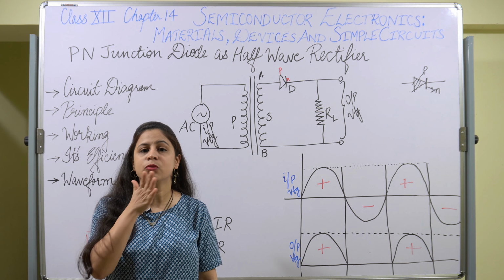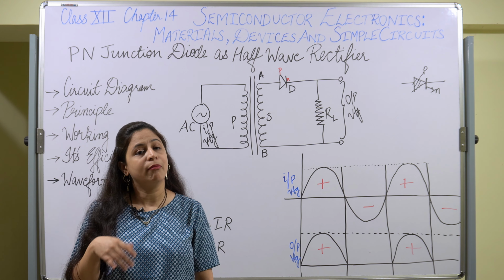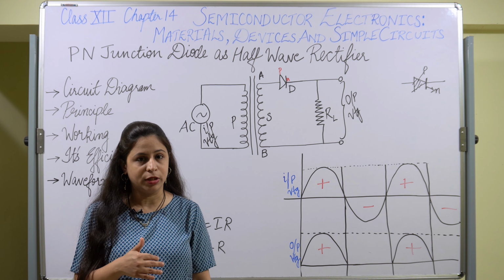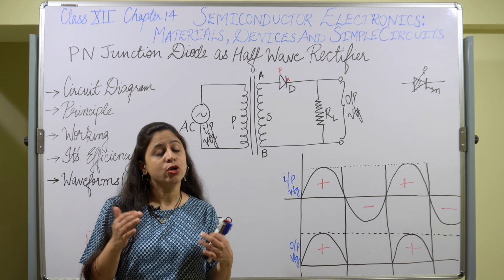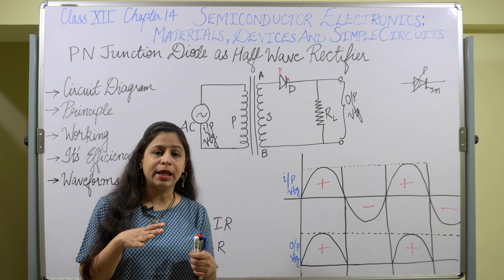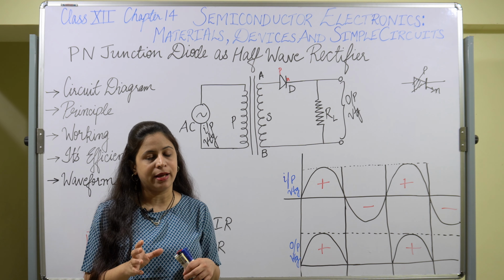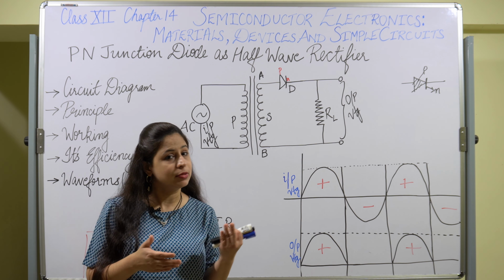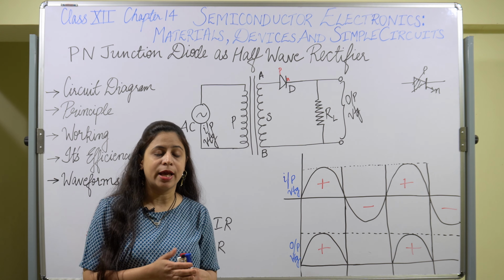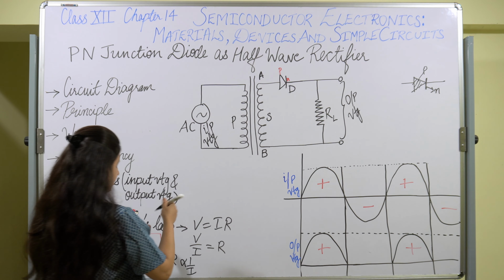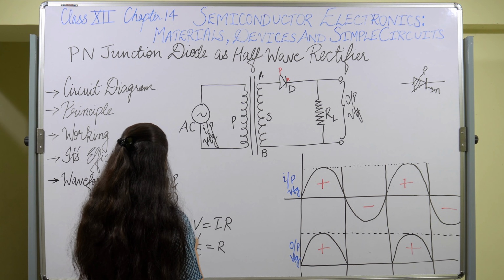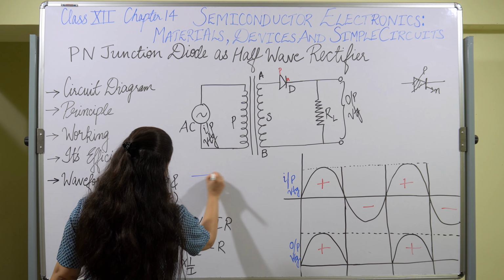Whatever the voltage is, it will continue to be that voltage only. But AC is an alternating voltage, alternating current, or alternating signal, in which the sign changes. In the first half cycle the signal is positive, and in the negative half cycle the signal will be negative. My AC signal is always shown like this.